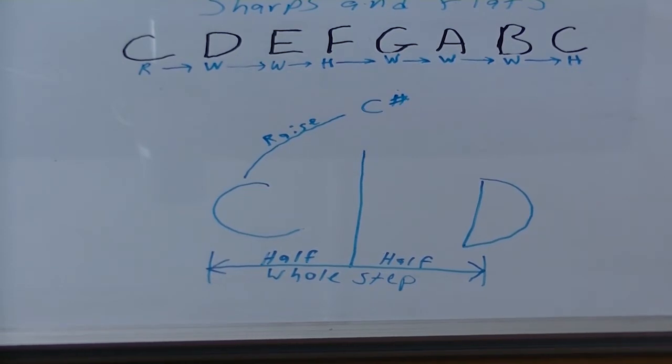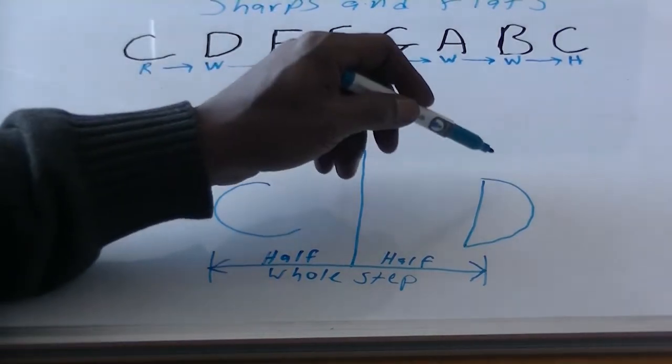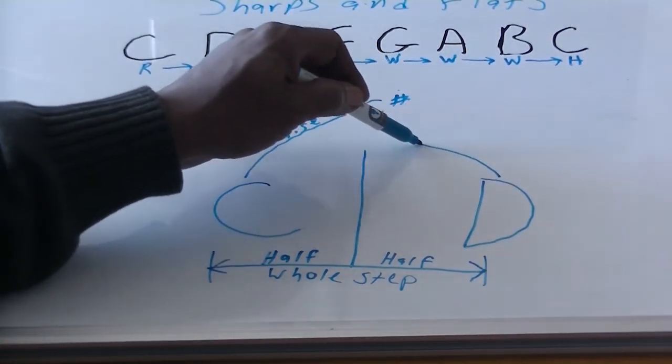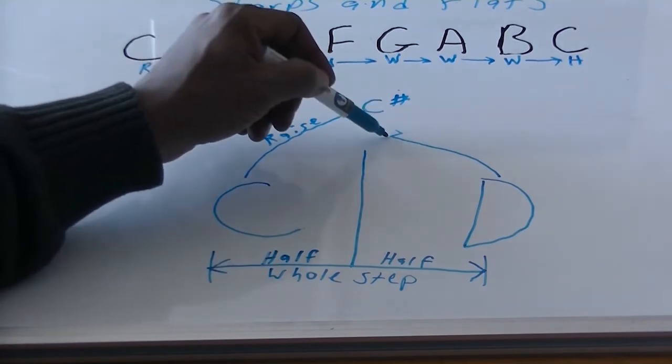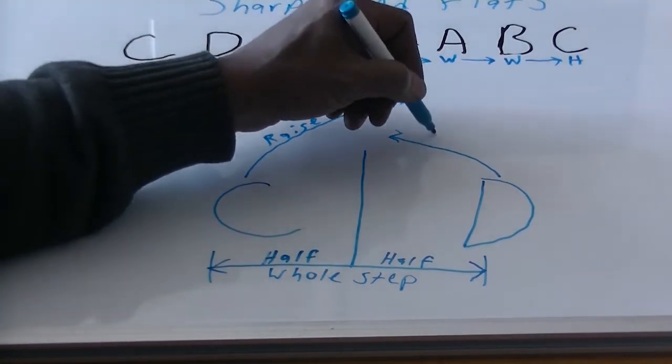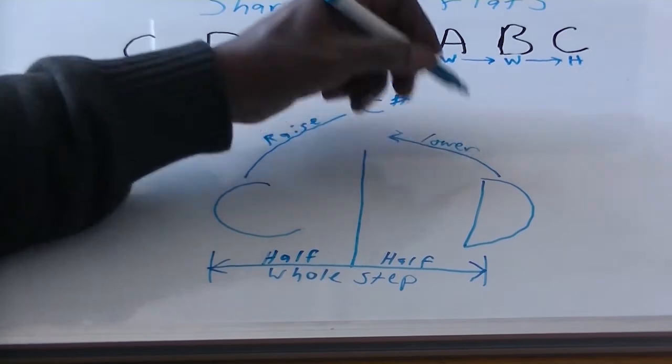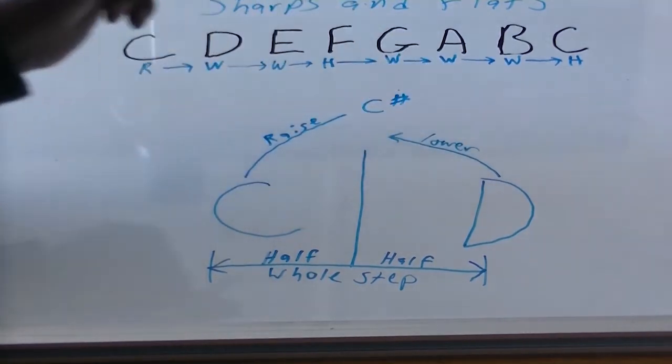So hopefully you can follow that. And now let me refer back to when I had you play the D at the third fret of the B string. And then I asked you to lower that note by a half step, and you moved it to the second fret, hopefully. Well, when we lower a note by a half step, we flat the note.